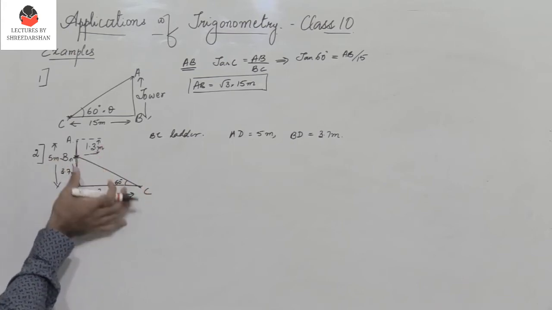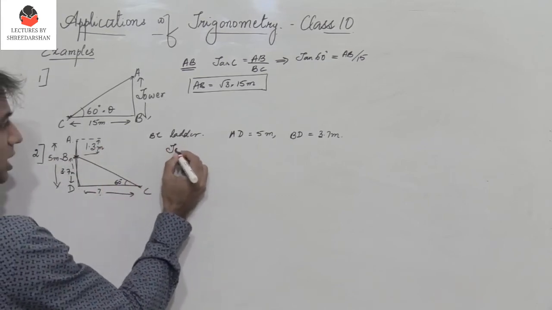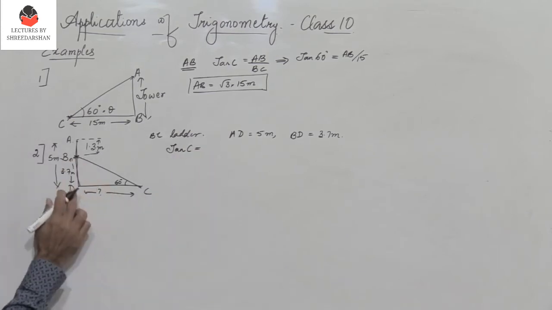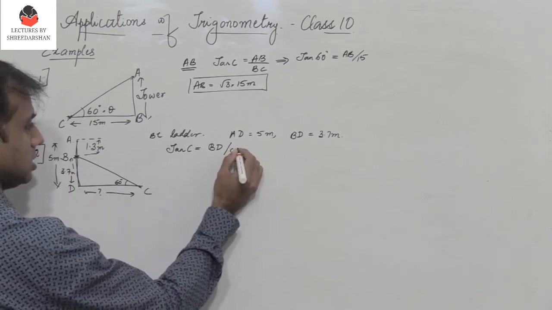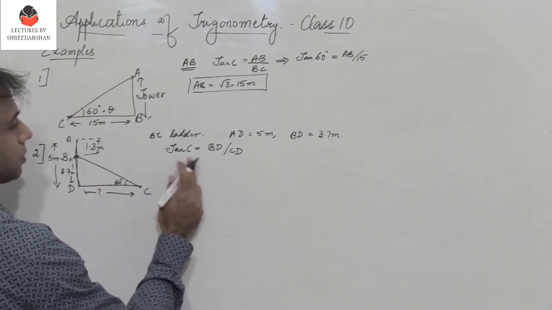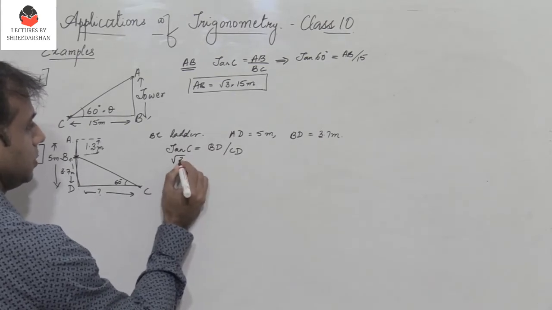Now I need to find CD. Let me take tan of the angle. Tan C is the opposite side BD divided by the adjacent side CD. What is tan C? Tan C is root 3.